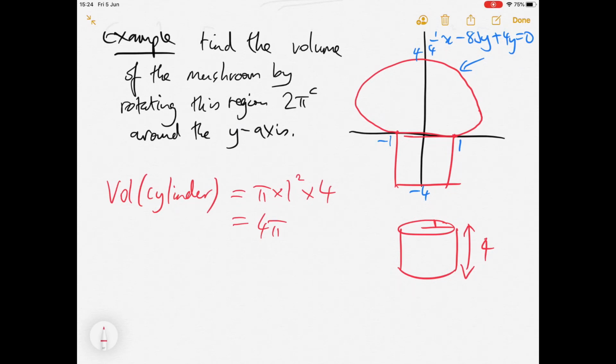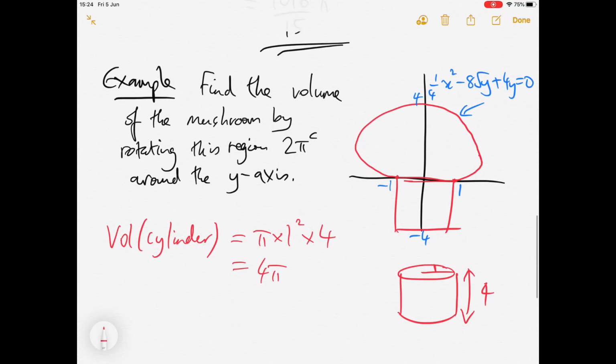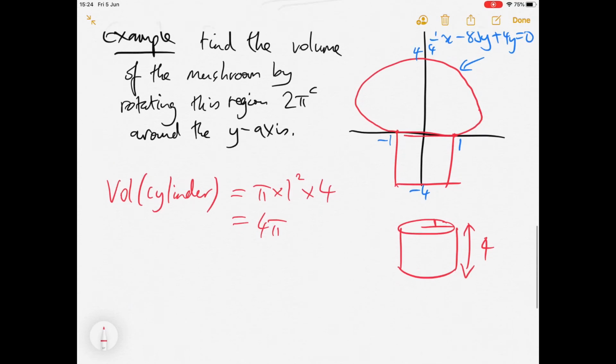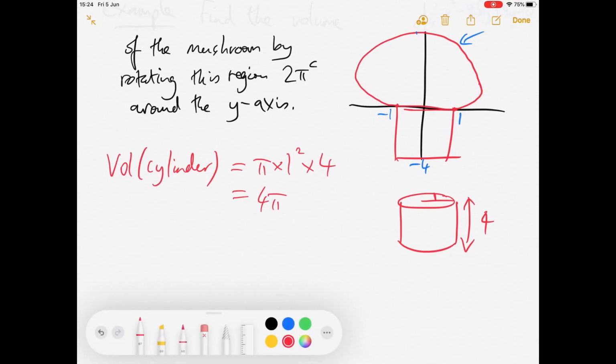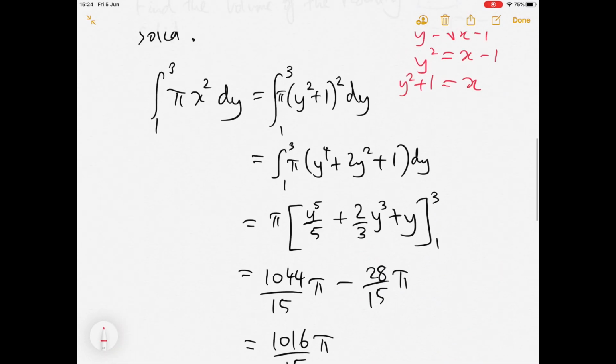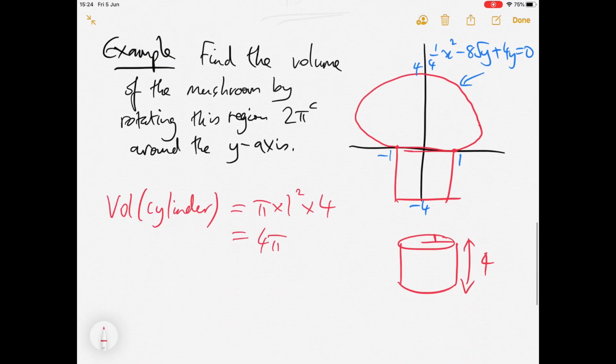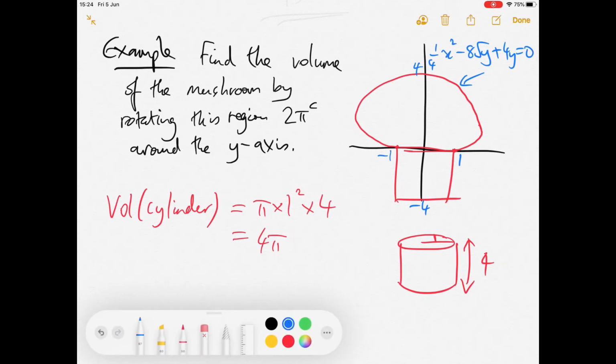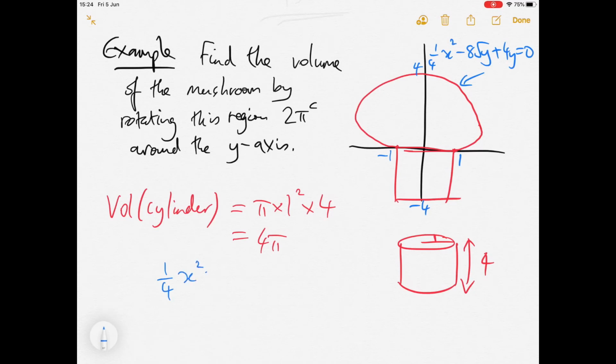For the top, we have to be quite careful. So now we want to do some integration. We're going to need x equals f of y, which we have, or we can at least rearrange to get something like that. So we've got a quarter x squared equals 8 root y minus 4y.